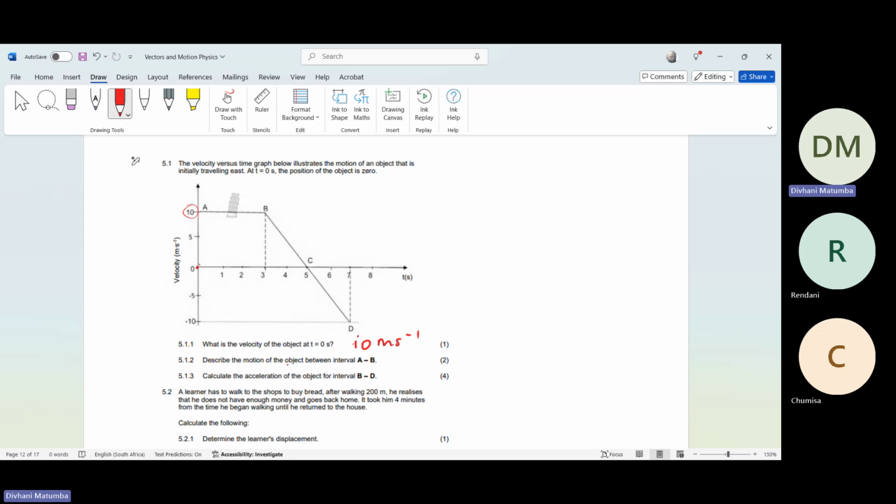Kumisa, describe the motion of the object between A and B. We have scenarios: between A and B, then B and C, then C and D. Between A and B, can you describe the motion?